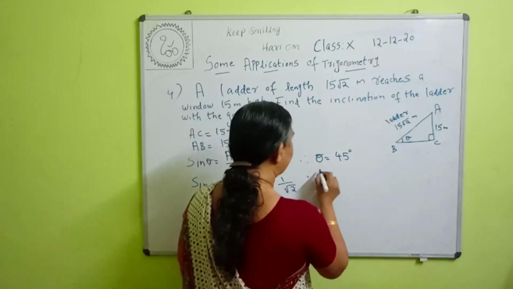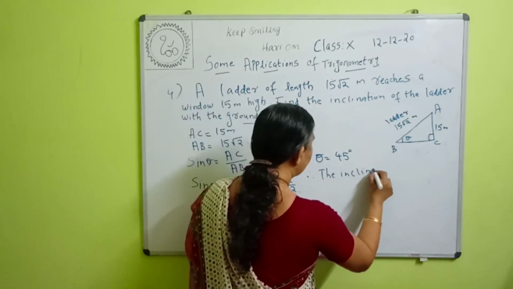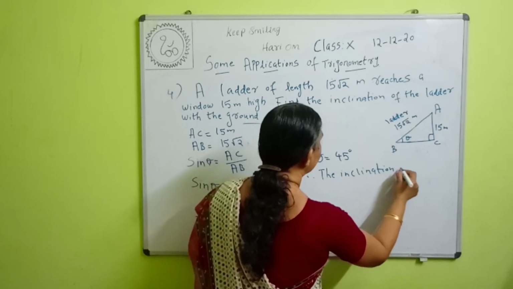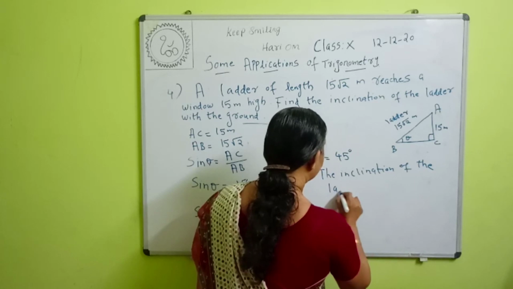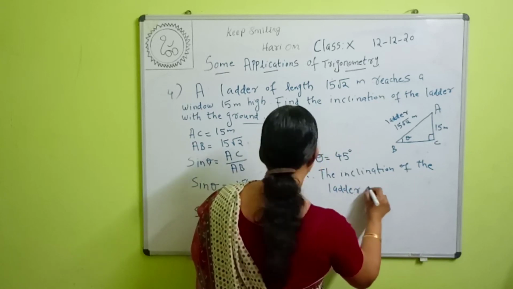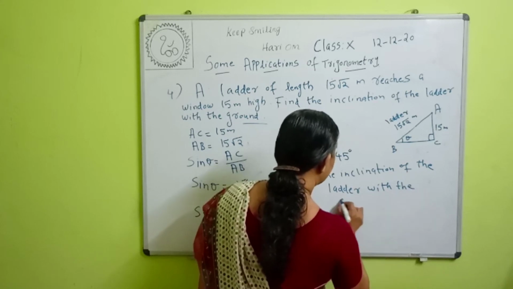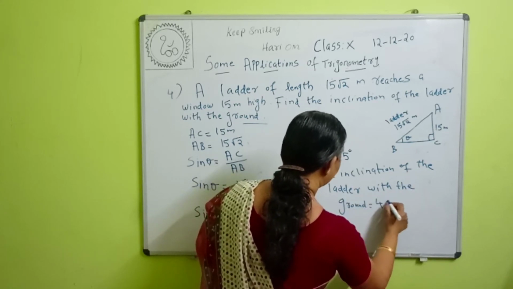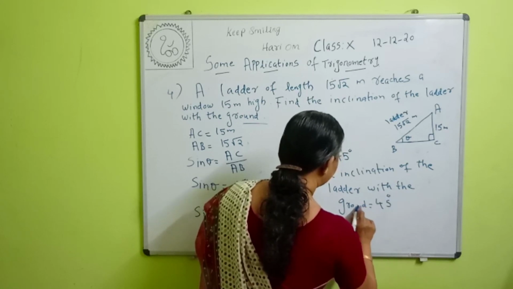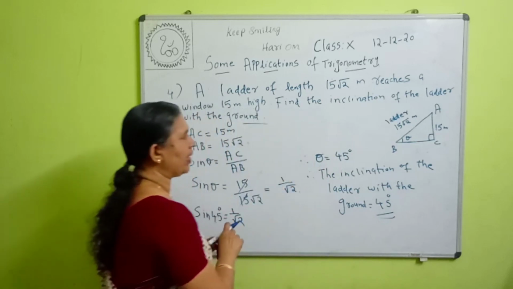Therefore, the inclination of the ladder with the ground is equal to 45 degree.